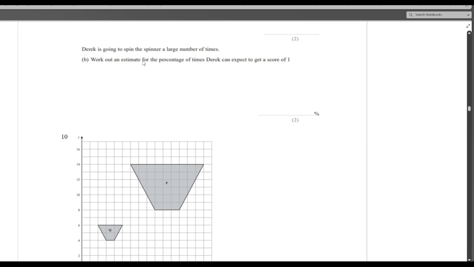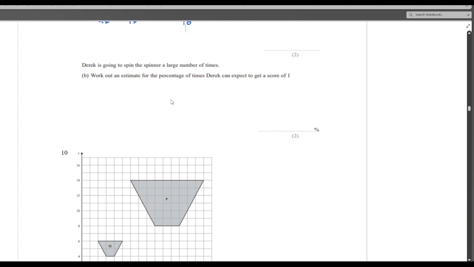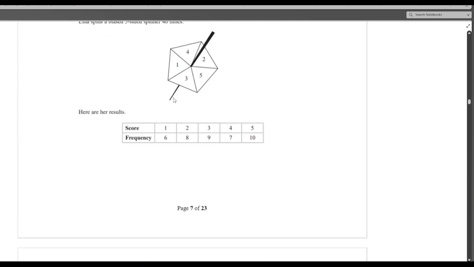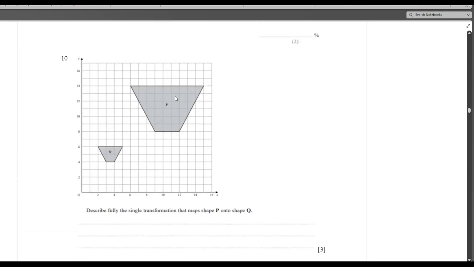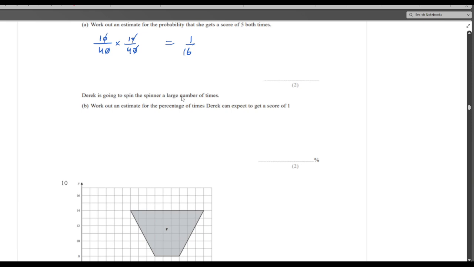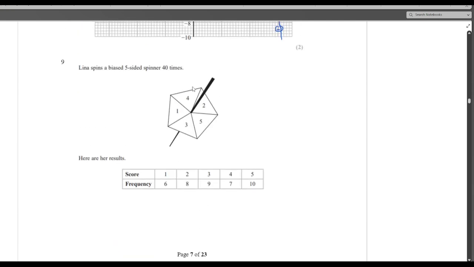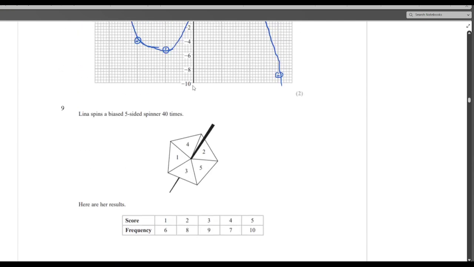Derek is going to spin the spinner a large number of times. Work out the estimate for the percentage of time Derek can expect to get a score of 1. Now you are getting a score of 1 six times out of the 40 times you spin.